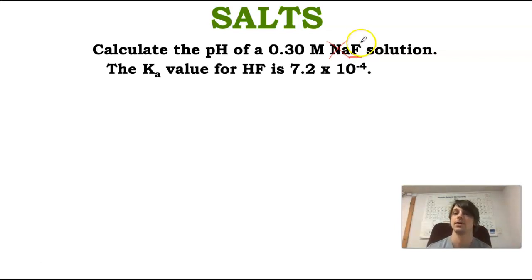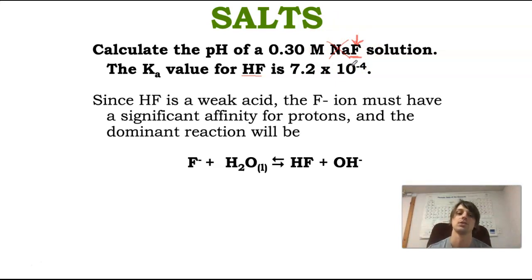F is the conjugate base of a weak acid. Now notice I'm given the Ka value of HF, the weak acid, the conjugate of this. So now I want to determine the pH of this solution, and I'm going to think it's going to be basic.